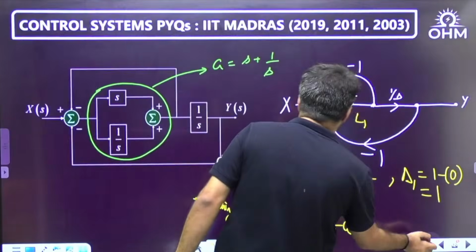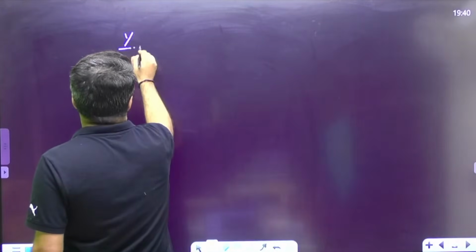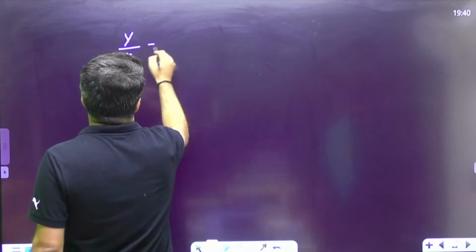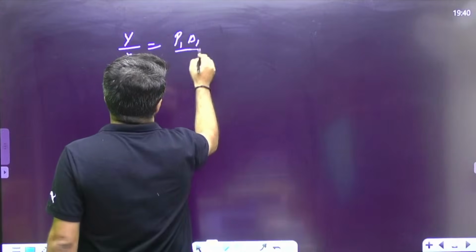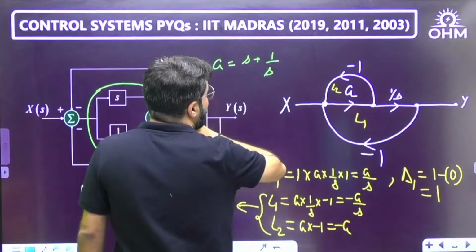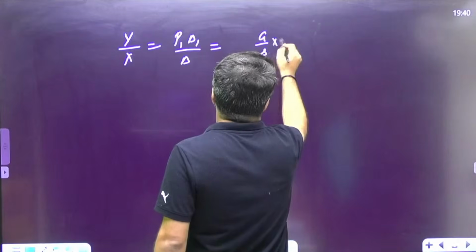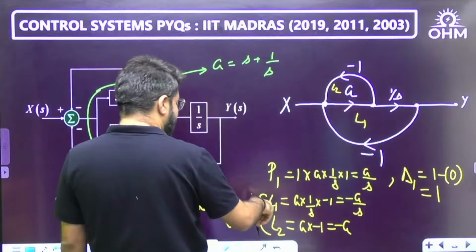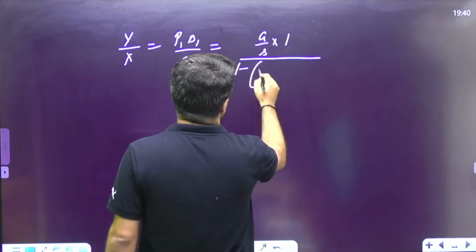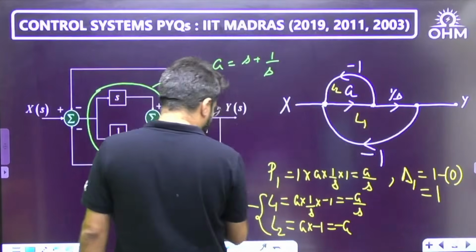Now I'm going to write down the answer as Y divided by X. Only one forward path was there, so P1 delta 1 divided by delta, and P1 is equal to G by s. Delta 1 is 1, whole divided by the graph determinant 1 minus loop gains. Both are touching, so no product term is required.